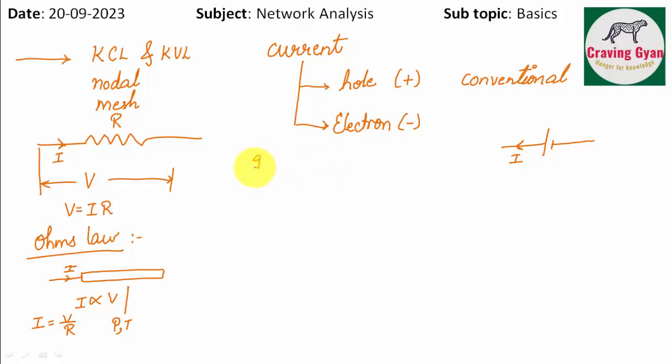We should know all the 9 forms of Ohm's law. One form of Ohm's law is I equals V divided by R. Very important, right?